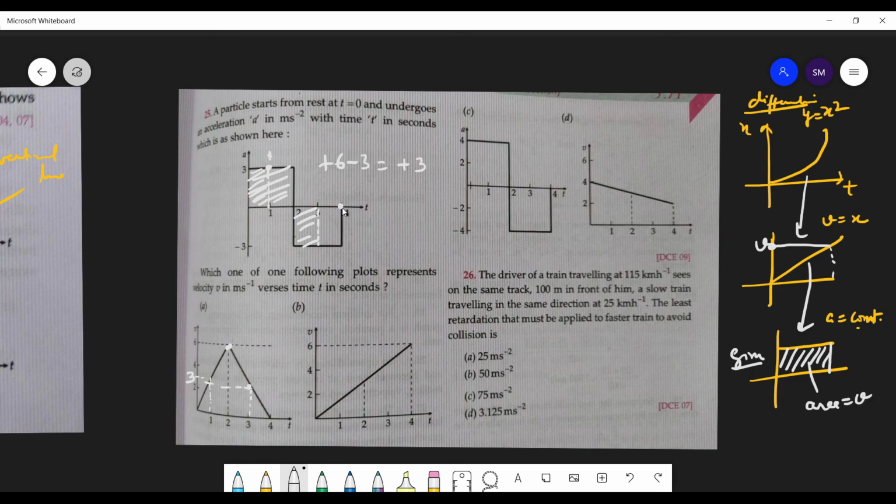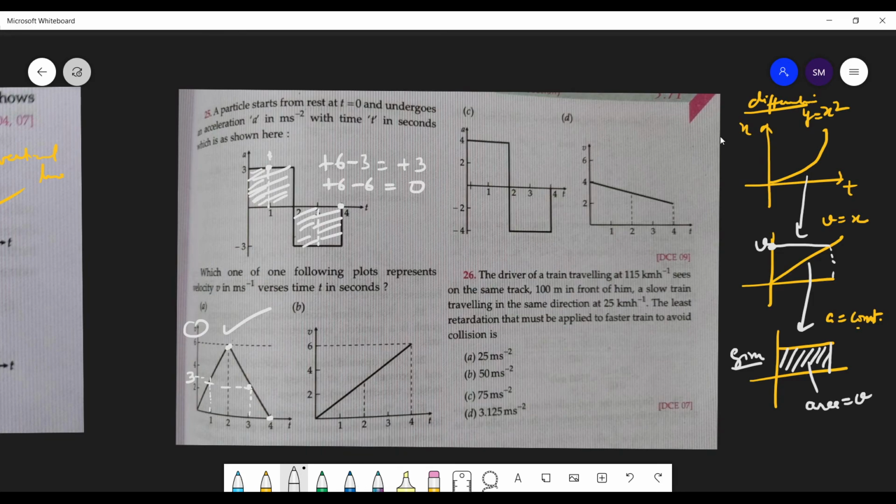What is the velocity at 4 seconds? This is 6 minus 6, that will be 0. So velocity is 0. Is this clear? This is a very good question to understand the concepts.